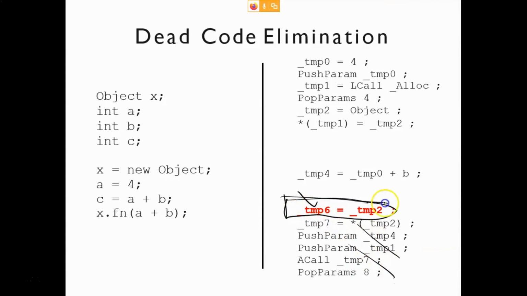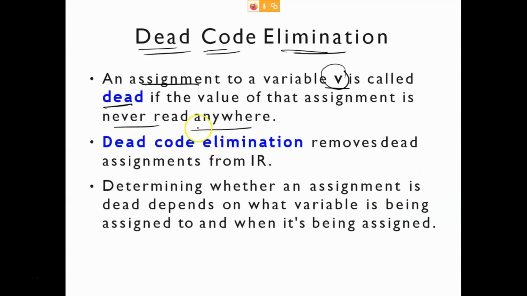So this assignment will become dead, so you can delete it. So this is the definition of dead code: an assignment to a variable V is called dead if its value is never used anywhere. So dead code elimination removes dead assignments from the intermediate representation.